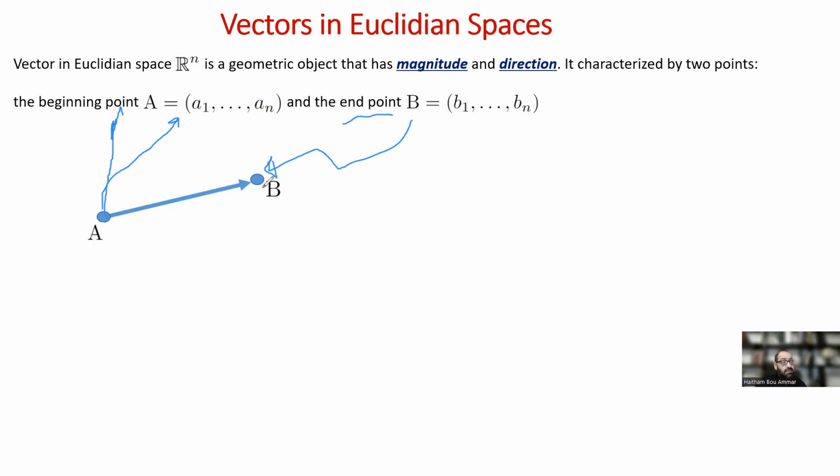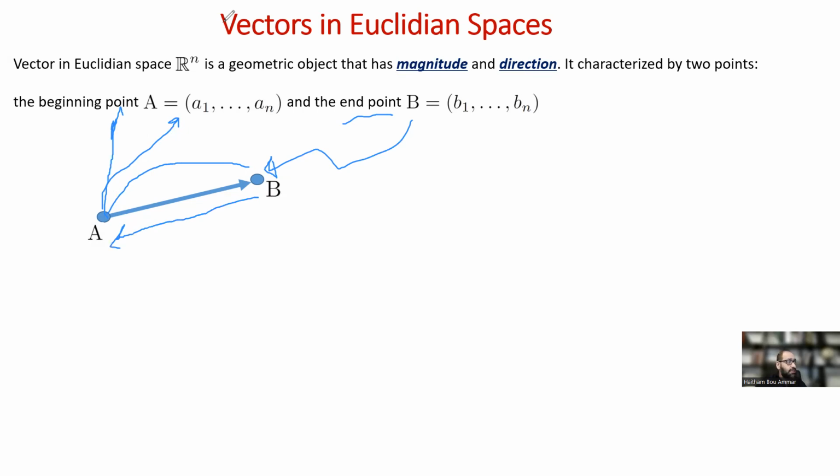Now, please notice that the vector will have a magnitude, so it'll have a size, but also it'll have a direction. Here we're going from A to B. There's a direction for that vector, because we could have defined a vector with a starting point B and an end point A. Then the vector would be pointing in the opposite direction.